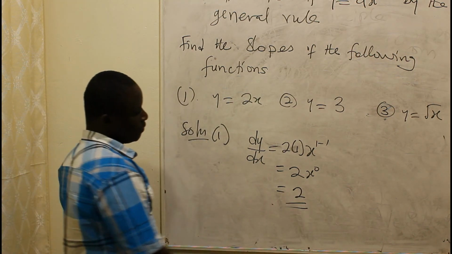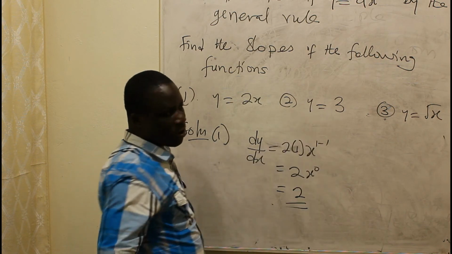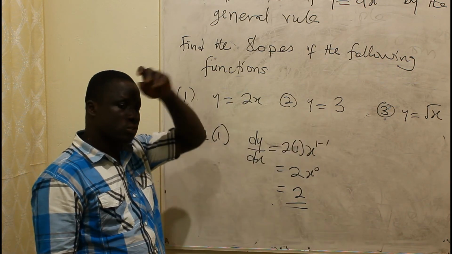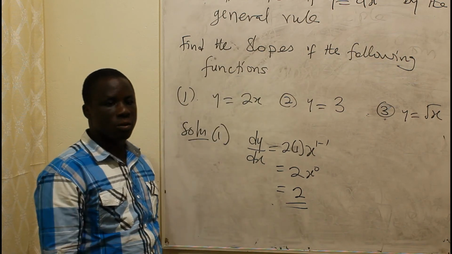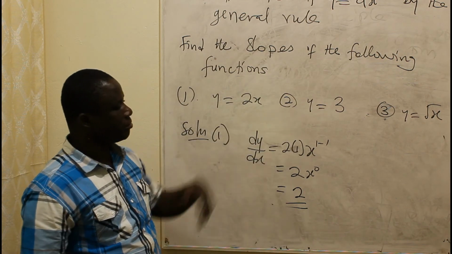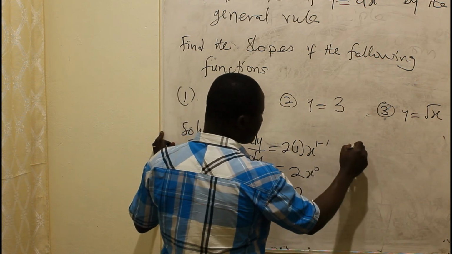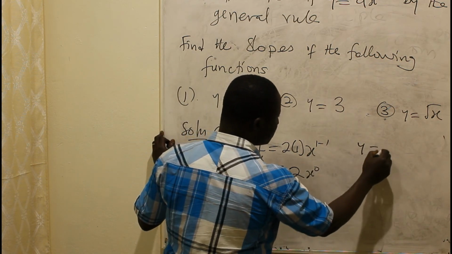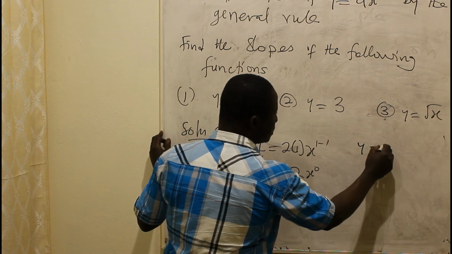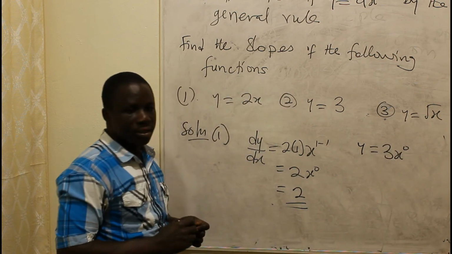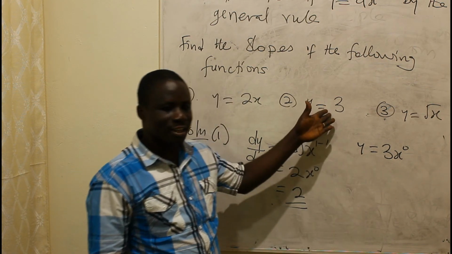Again, if you are to differentiate a constant function, that is the slope of a constant. A constant function is uniform, so the slope is 0. But how do you know? Per the general rule, this constant function is a polynomial of degree 0. So we have 3x power 0, and we normally write 3.